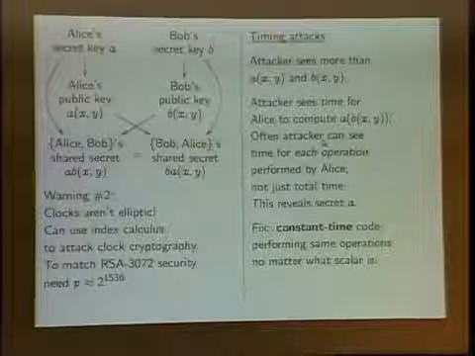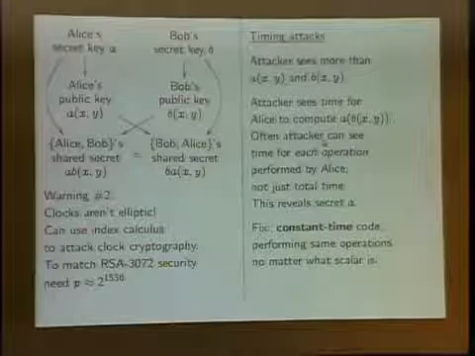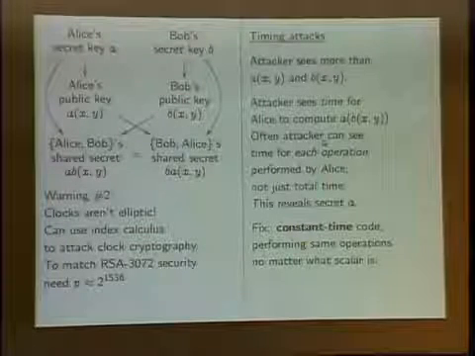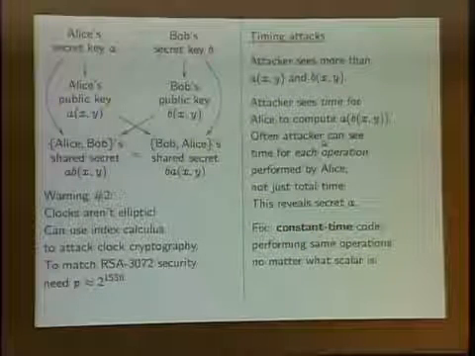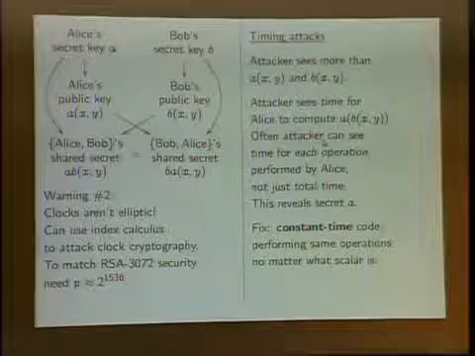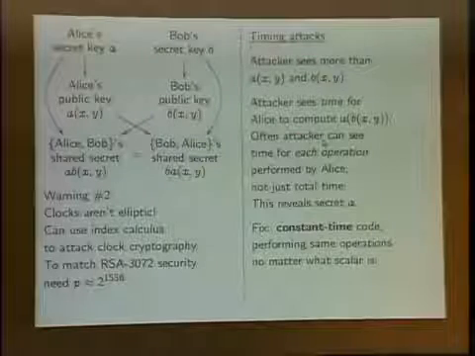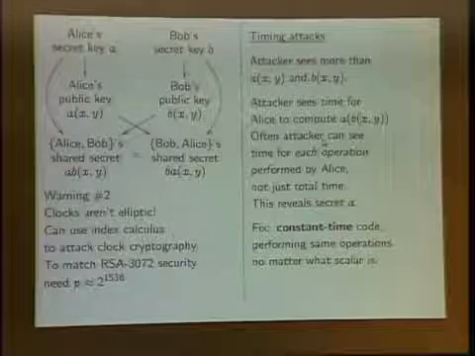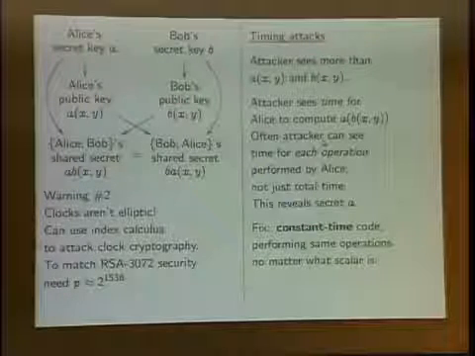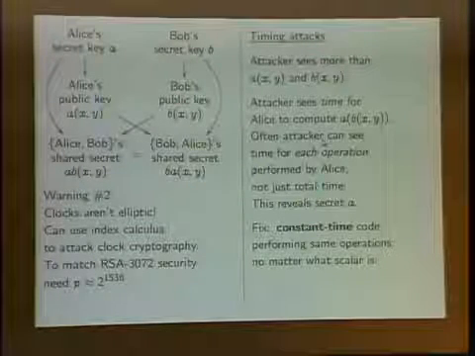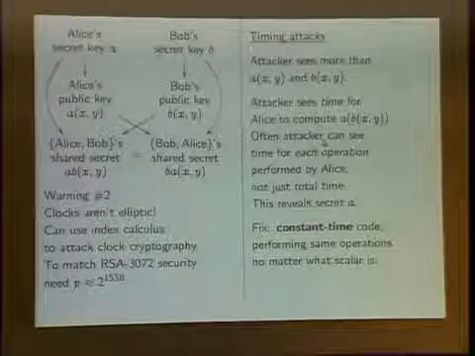So remember the rules for if you want to compute n times a point, then it depends whether n is even or odd. You get different results depending on whether n is even, then you do some doubling operation. If n is odd, then you're doing some addition, and that changes the pattern of operations you're doing. So certainly the number of operations you're doing, the time that you take, is going to depend on what your secret number n is.